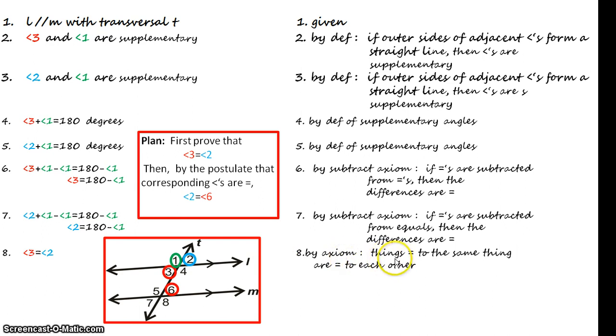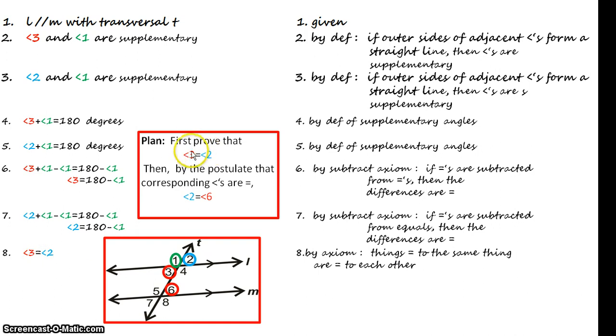We have an axiom that says that things equal to the same thing, meaning angle 3 and angle 2, these are the things, equal to the same thing, they're both equal to 180 minus angle 1, these things are equal to each other.